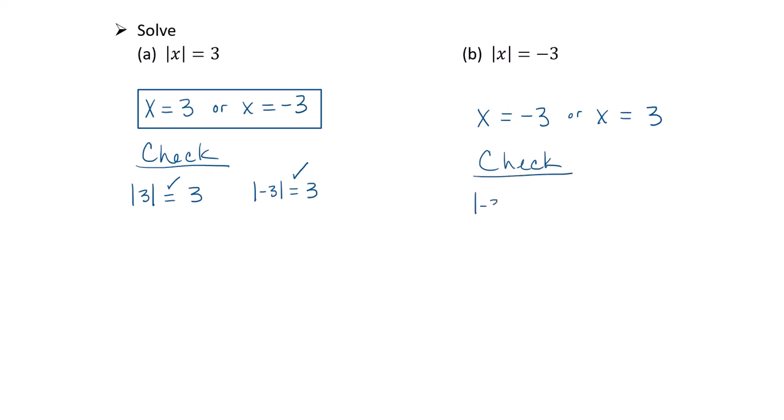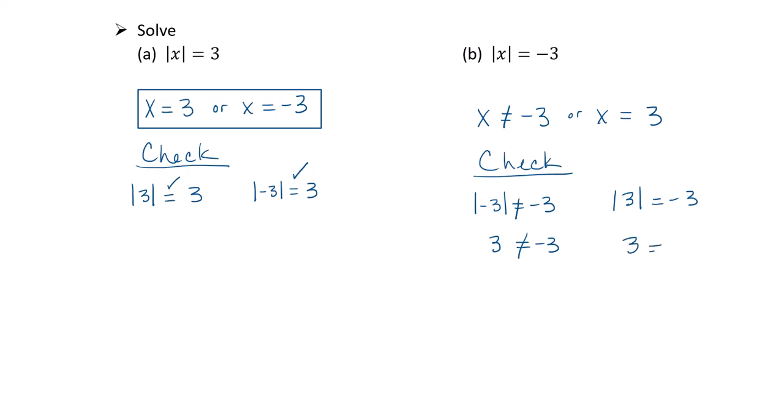The absolute value of negative 3 equals negative 3. Well, the absolute value of negative 3 is positive 3, and then it's no longer equal to negative 3. So that is not correct. Let's try 3. The absolute value of positive 3 is equal to negative 3.